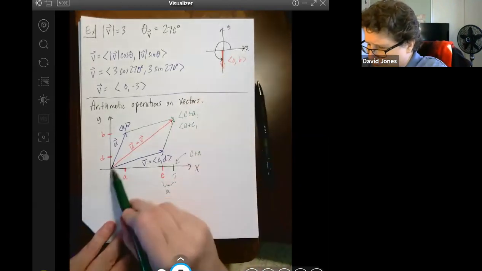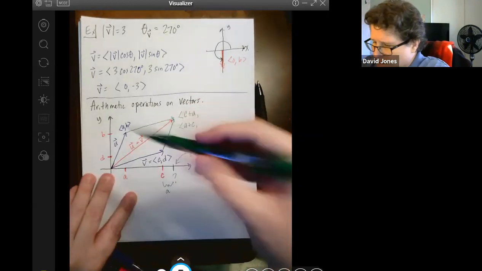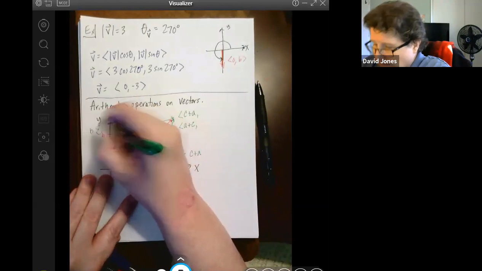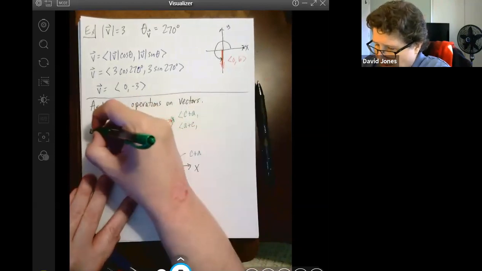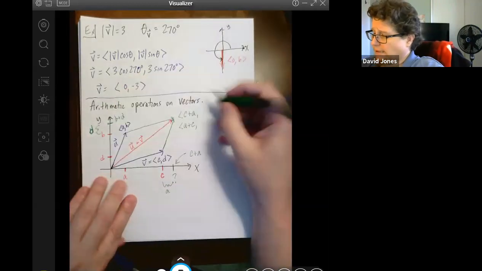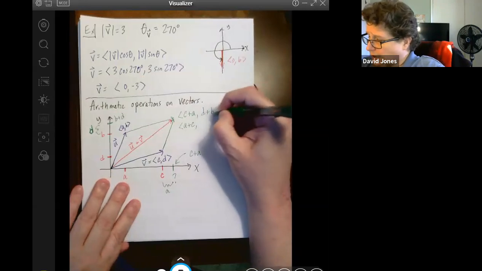And if we move this portion up, what we've really done is moved it up a length D. So that value is B plus D, or D plus B, however you want to look at it.